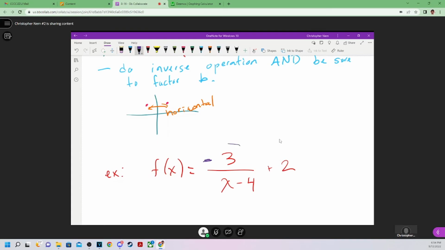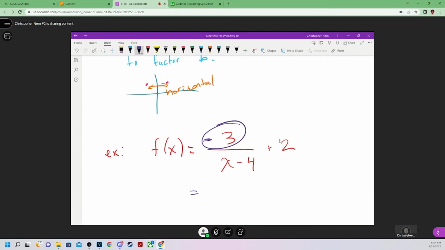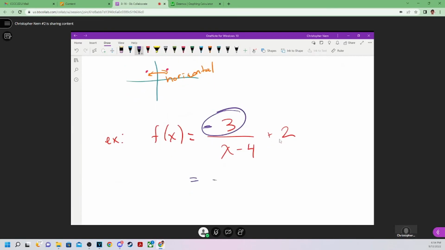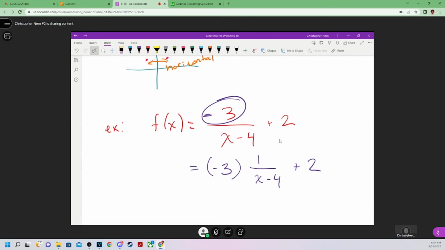Now, this 3, technically speaking, you have to visualize a bit differently. Technically speaking, this is negative 3 times 1 over x minus 4, plus 2. This is why I say you got to visualize things a bit differently. You got to know how these operations are actually working.